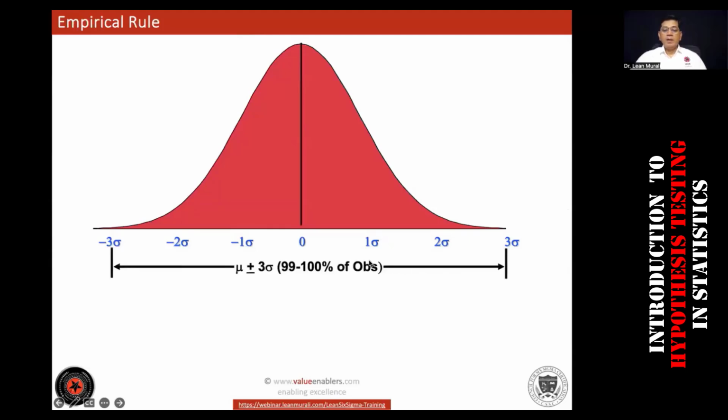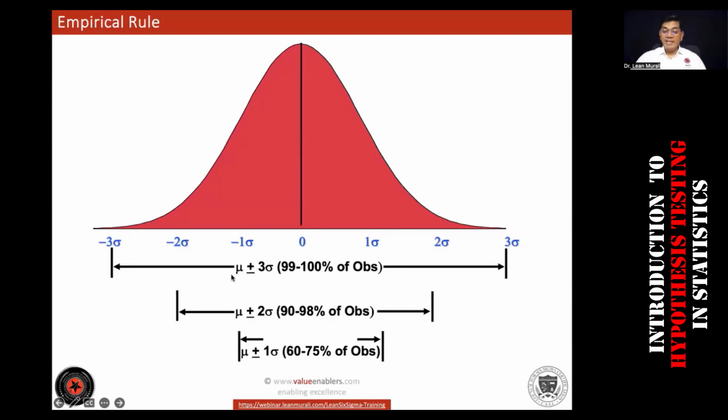If you see here, 99 to 100% of the observations, somewhere about 99.973%, will be within plus or minus 3 standard deviations, and 90 to 98% will be within plus or minus 2 standard deviations of the mean, whatever the mean is, and plus or minus 1 standard deviation of the observation. We have actually explained this in the earlier module. Those of you who know it, type KNOW in the chat box.